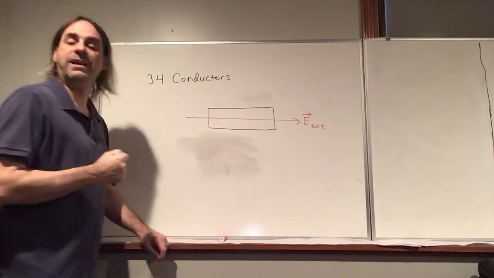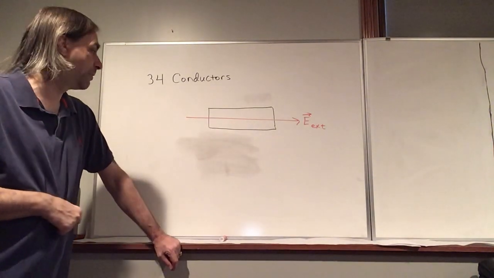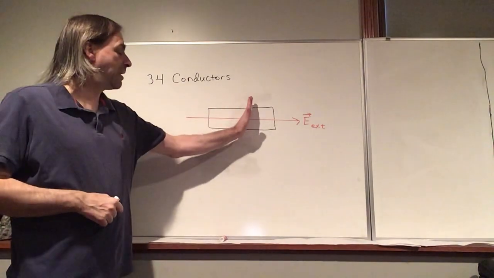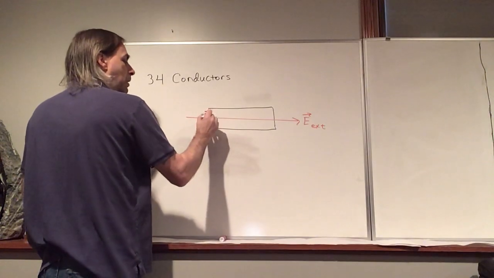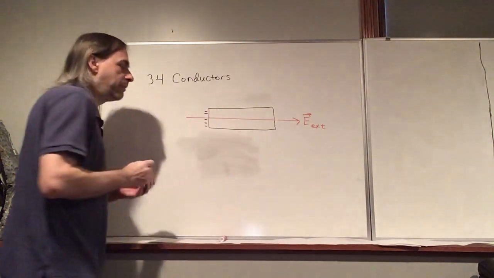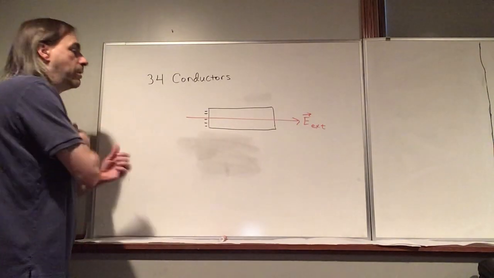Remember, the force on a negative charge is in the opposite direction of the electric field. They have to stop when they get to this end here, so we'll have a buildup of electrons on the left end. We can't remove them entirely from the material.